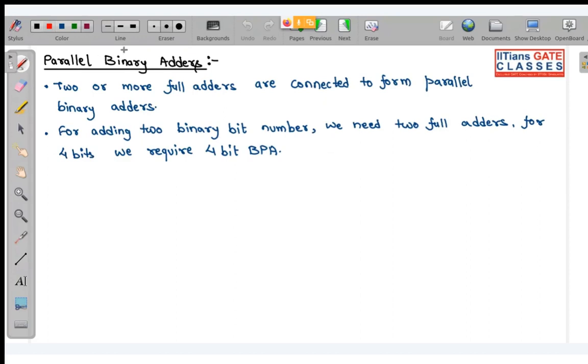If I want to add A and B, the numbers A and B can be 2-bit numbers, so I will be adding like this, for example 1101.